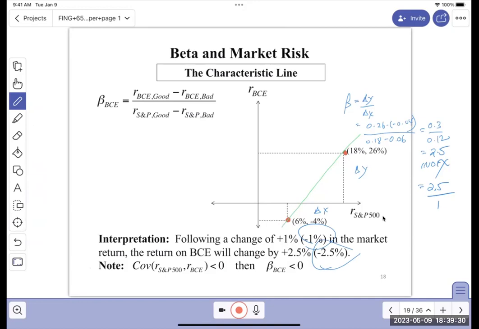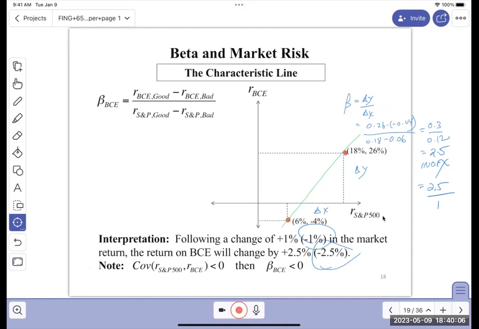It's amplified for BCE. So this is a positive relationship, but just as well when the markets have negative returns, BCE has negative returns and amplified negative returns.